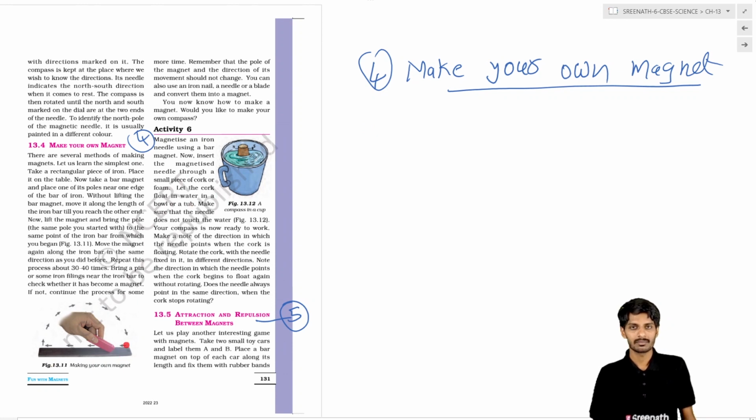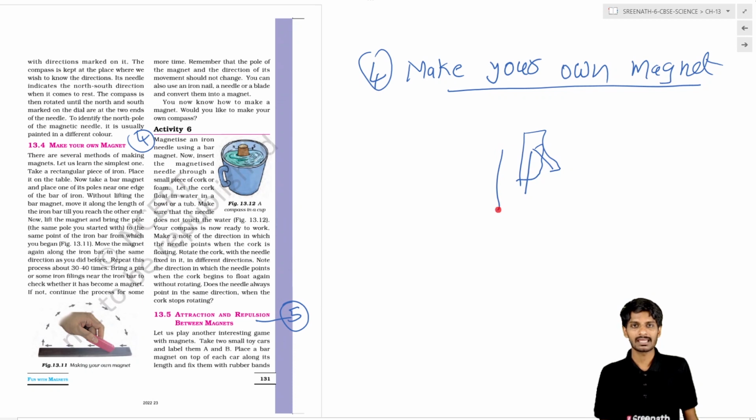Take one iron bar like that and take one magnet, and pick up one end, maybe it's a north end or south end, and rub this iron piece in one direction only.